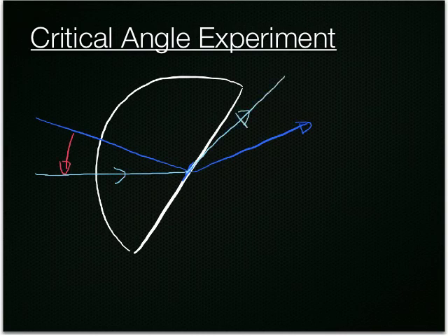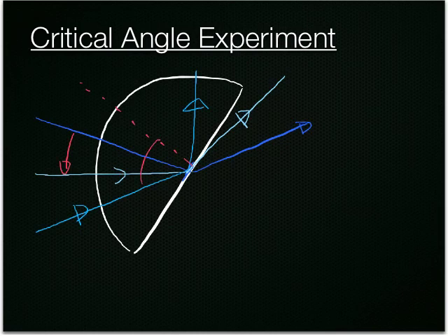Eventually you can get to a point where as you shine the light in, it actually bounces, like reflection instead of refraction. What we call there is the critical angle for total internal reflection.